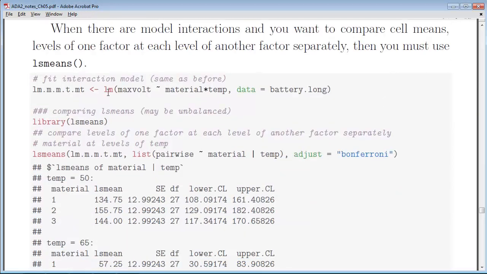So here is our interaction model again. No real need to do it again, it's the same as it was before. And here is lsmeans, the interaction model, and this list, I've got a conditional. So what are the differences in material conditional on temperature?